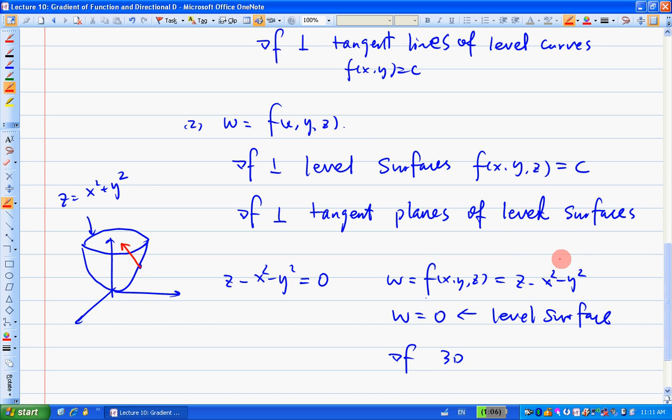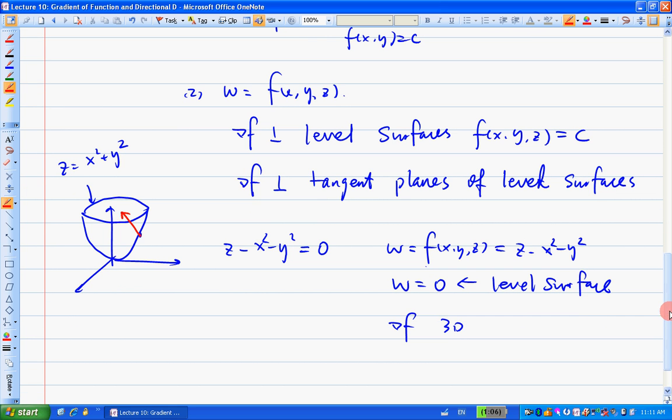This function. Now, according to a theorem, this vector is perpendicular to this level surface, or in other words, perpendicular to the tangent plane of this surface at that point. Does that make sense? That's basically what this theorem says.